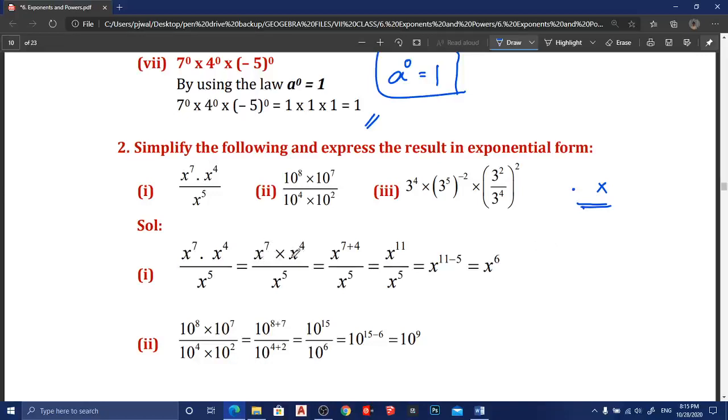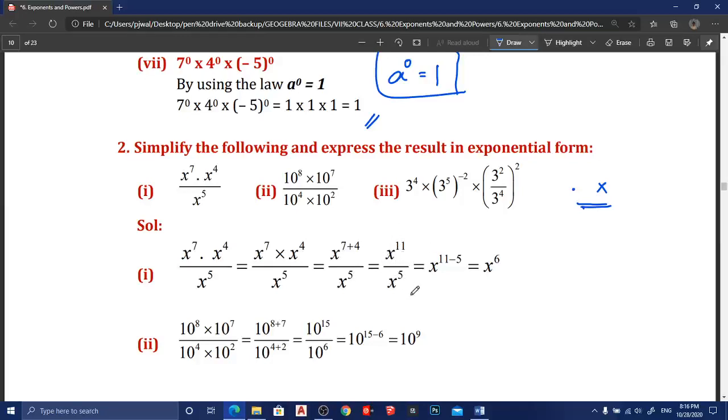So here in place of a, x is there. So x to the power of m into x to the power of n means x to the power of m plus n. Add the powers. So up to the numerator you can write it as x to the power of 7 plus 4, which is x to the power of 11 by x to the power of 5.